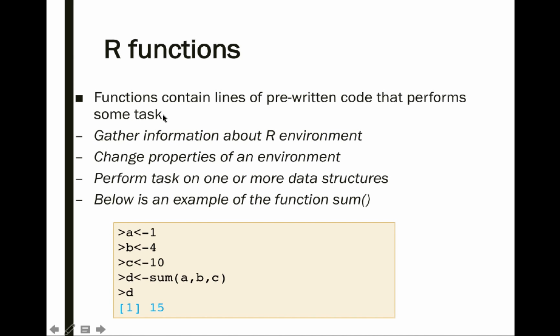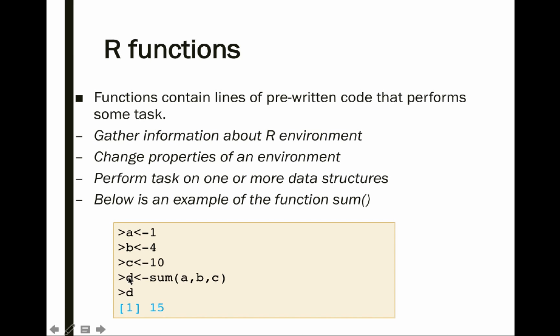There are lots of functions in R, which is one of the reasons why we're going to use it. These functions can allow you to get information about the R environment. They can help you change the properties of an environment. They can actually perform tasks on these data structures. In this case, below here, I've created 3 different variables.